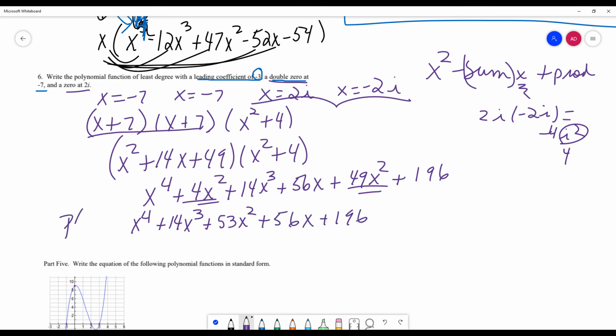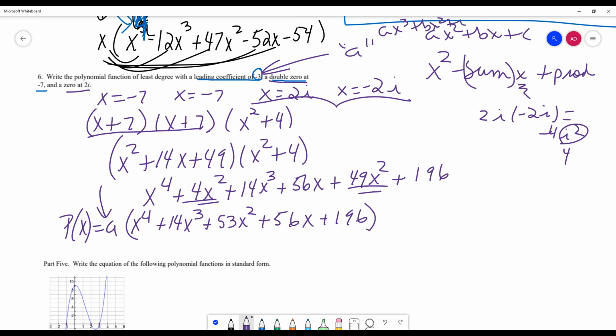Now, I have some polynomial with these roots, but it has a leading coefficient of a negative 3. So I'm going to put in my leading coefficient here. Remember, leading coefficient, that's your A. It always has been your A. Remember the ax squared plus bx plus c, right? You remember the ax cubed plus bx squared plus cx plus d, right? It's always been my A. So I place the A out here.